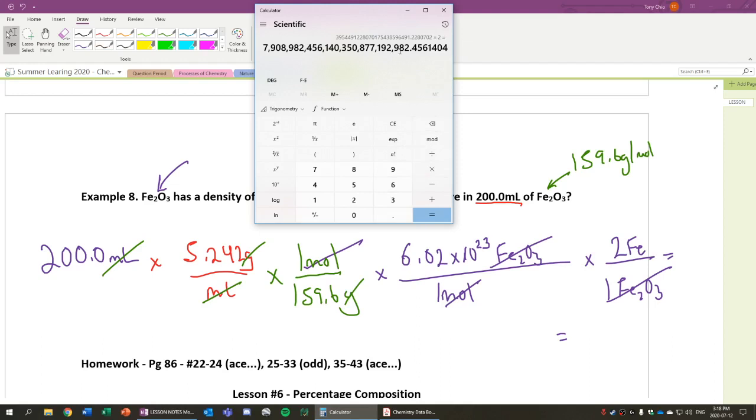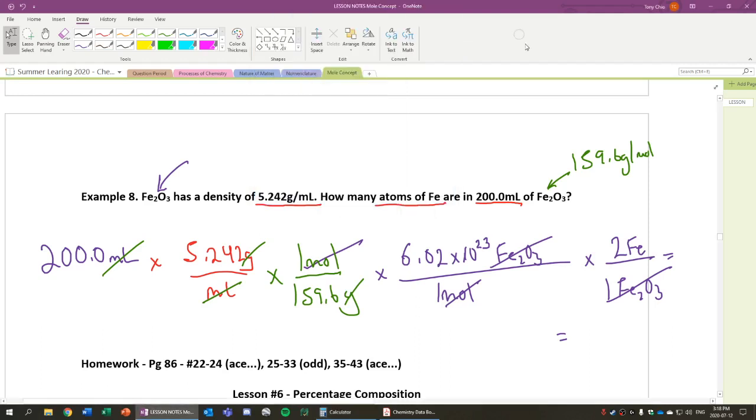And we're going to get a value of 7.909 times 10 to the power of 24 Fe atoms. So we're going to have a lot of Fe atoms present.